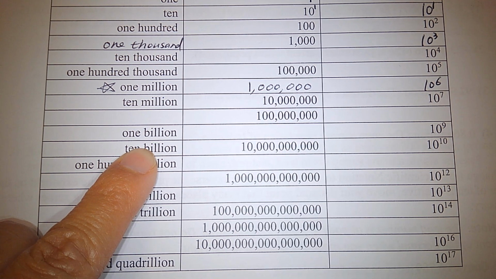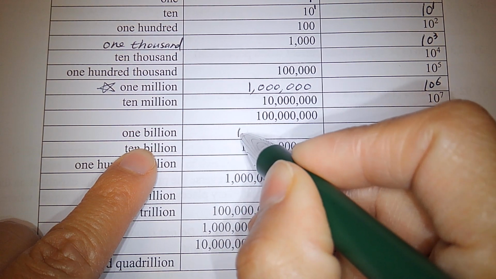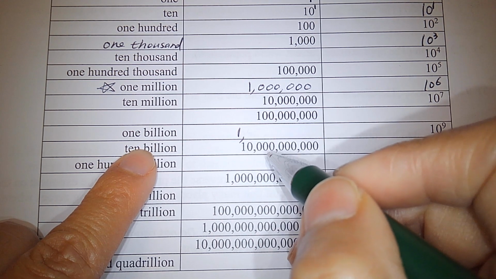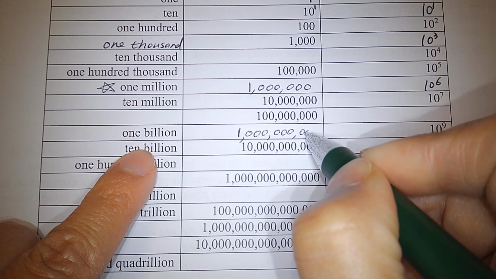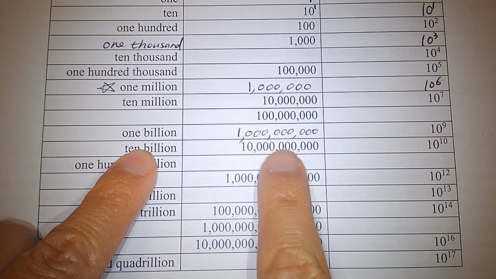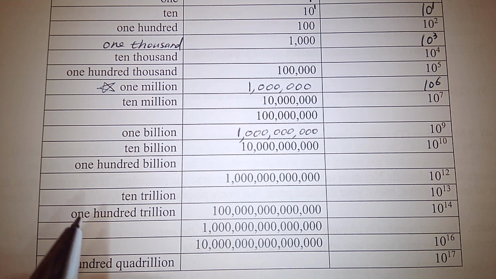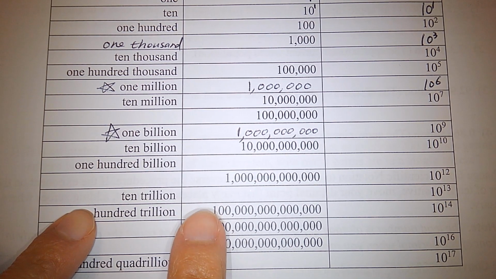After the 1, how many zeros should there be for 1 billion? 9. You are right. This is 1 billion, and then 10 to the 9th power. So remember 1 billion.